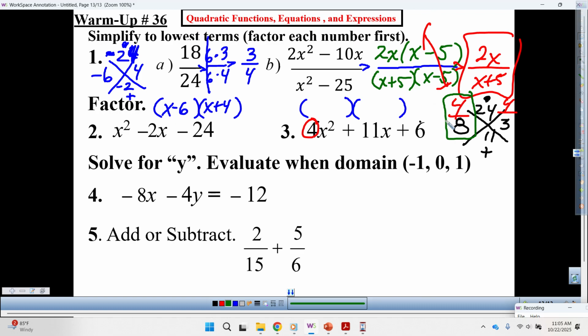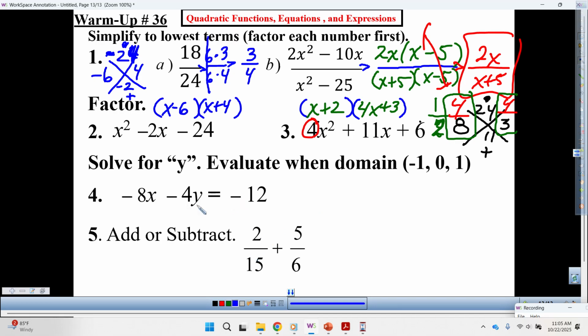Divide by 4 top and bottom, and it's 1 over 2. So my first factor is x plus 2. Very good. Can we reduce the second fraction? No. So my second factor is 4x plus 3. That is correct.